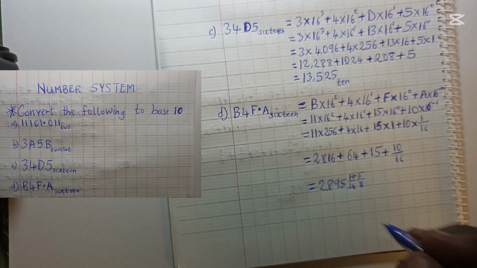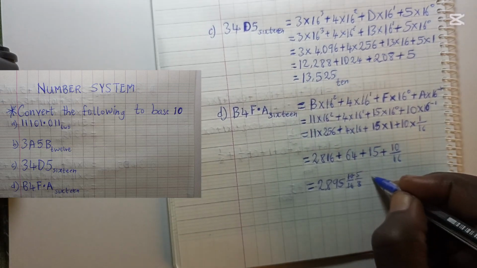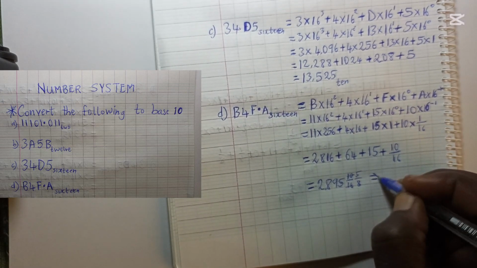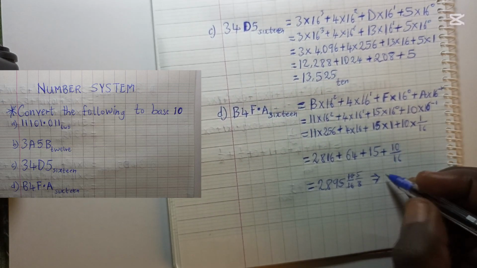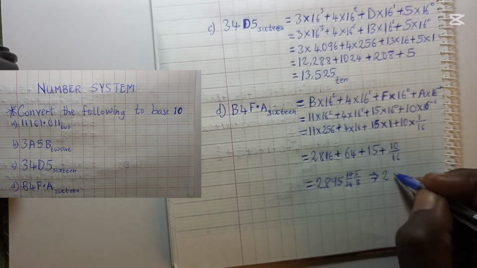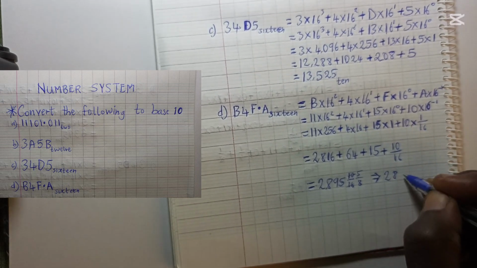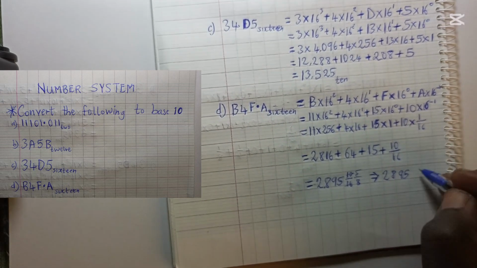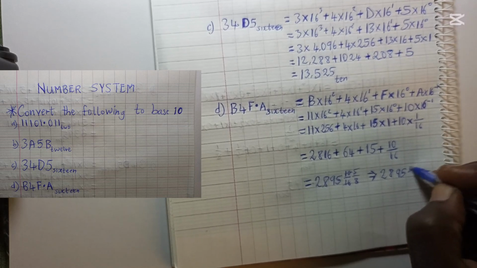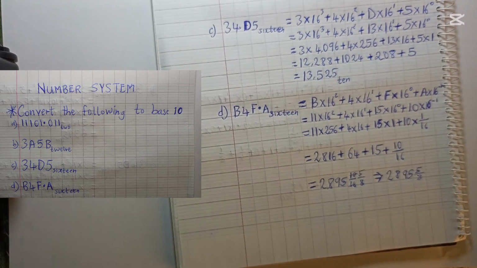So we have this value. Implies that 2,895 whole number 5 over 8.